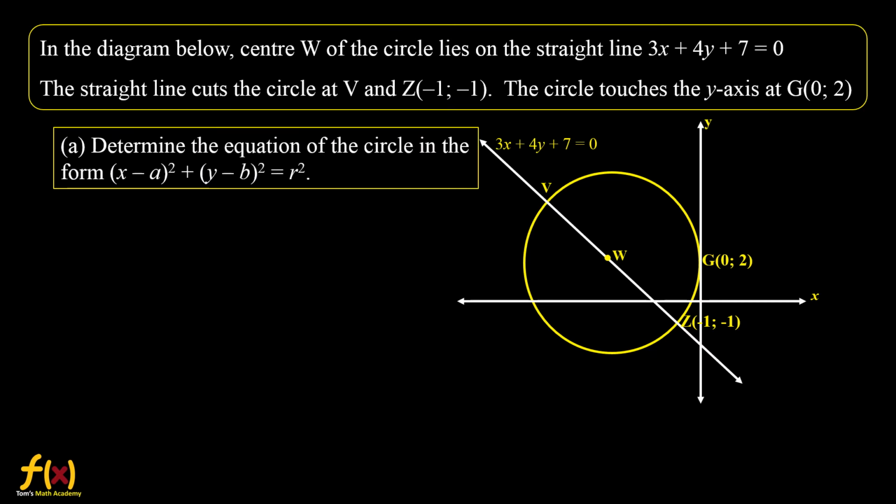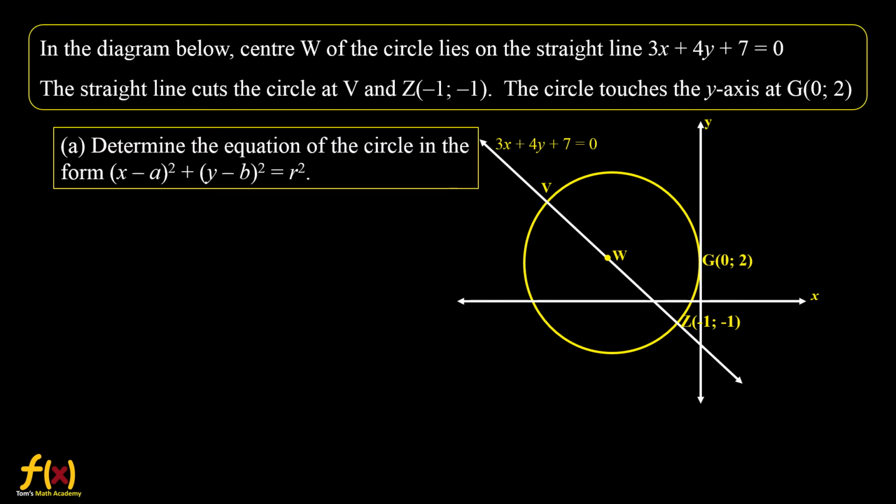Determine the equation of the circle in the form (x - a)² + (y - b)² = r². So we need the center and radius. G(0, 2) is a point on the y-axis, and G is the point of contact.